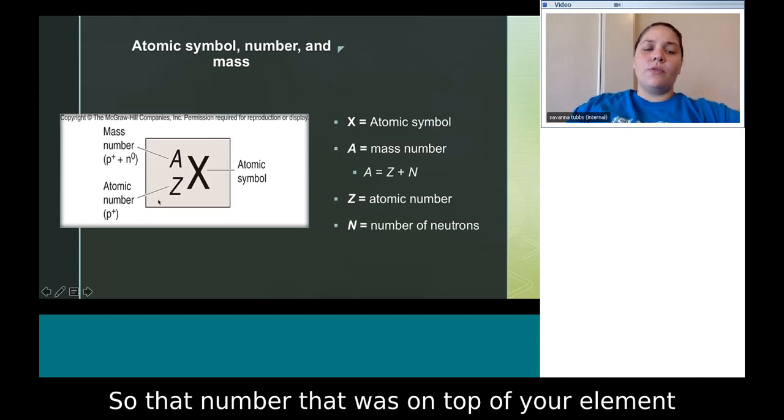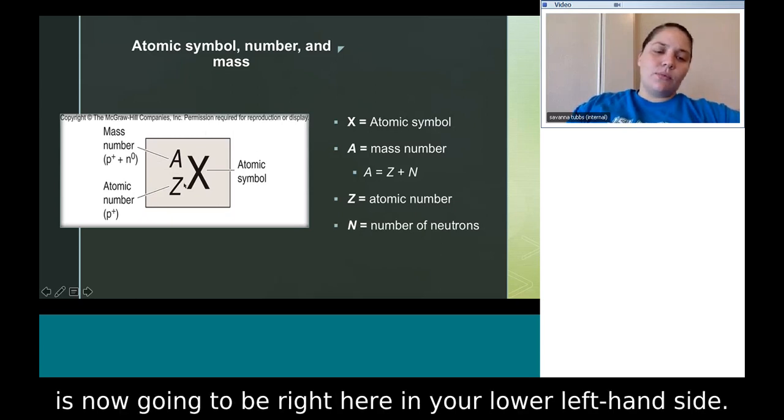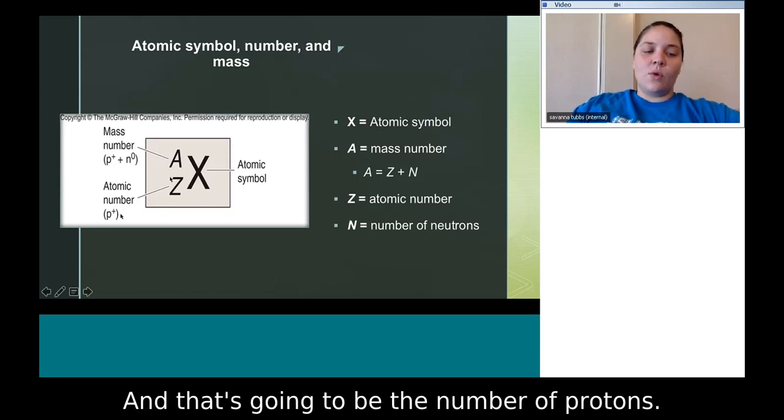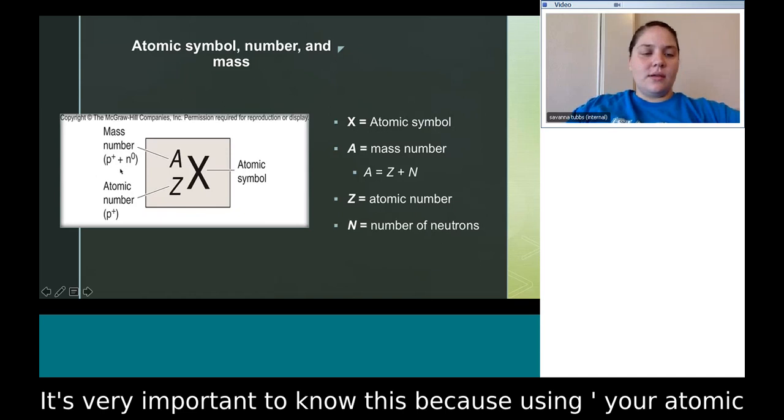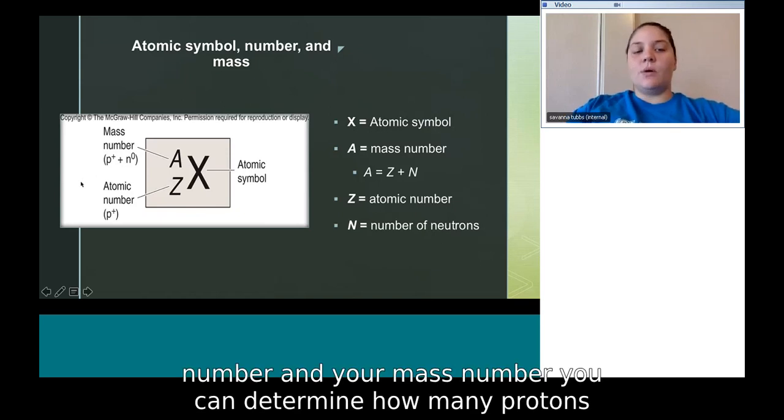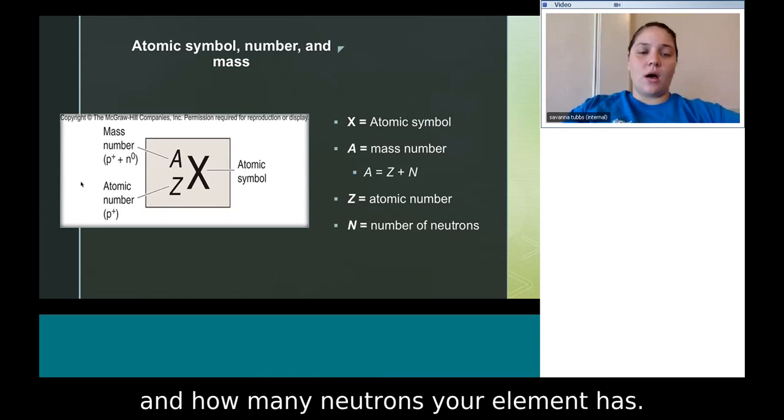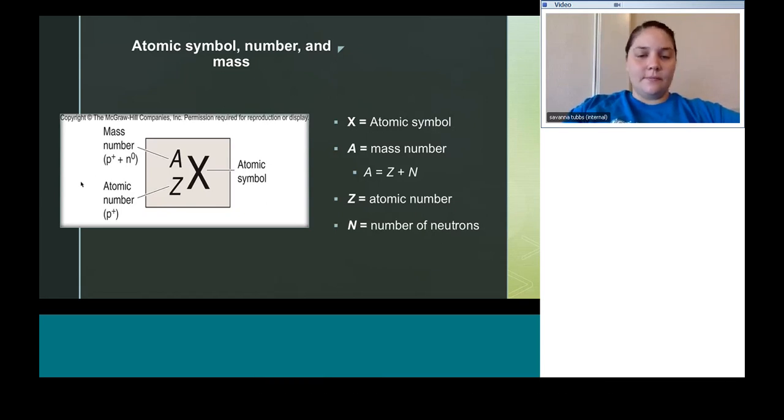That number that was on top of your element is now going to be right here in your lower left-hand side, and that's going to be the number of protons. It's very important to know this because using your atomic number and your mass number, you can determine how many protons and how many neutrons your element has.